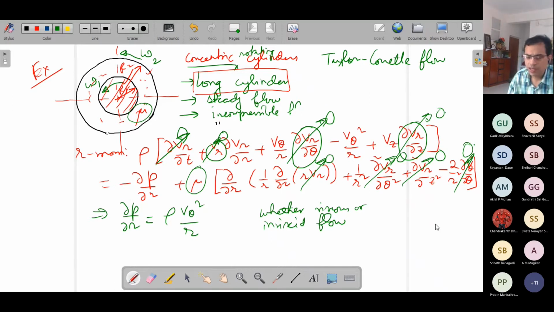In reality, except for some very special superfluids, there is no fluid which has viscosity 0. But if you recall, the viscous stress is the viscosity times the rate of deformation. The rate of deformation, which is given by these kinematic terms, will all become 0 so far as radial momentum transport is concerned. So effectively, for radial momentum transport, it is like inviscid flow. For other momentum transports, it may not be.